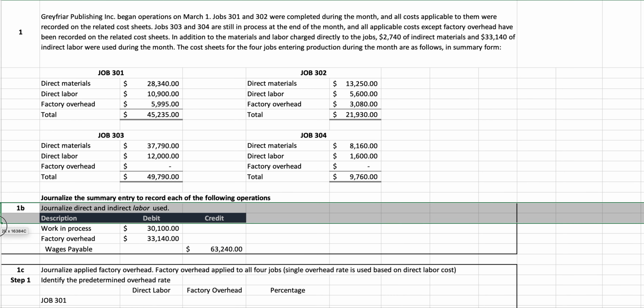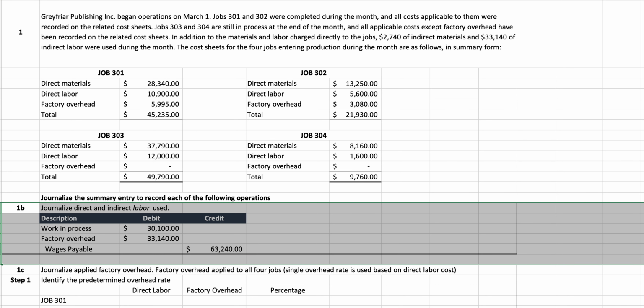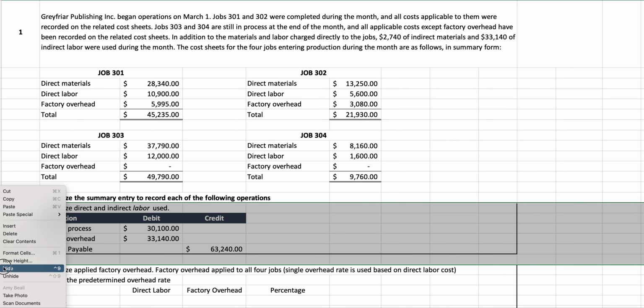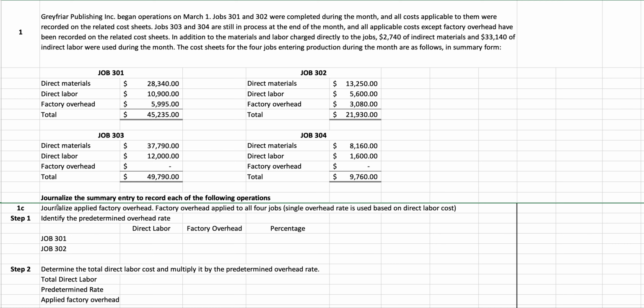Again, I'm going to hide this so that we can move on to our next question. Now we need to journalize the applied factory overhead. Factory overhead is applied to all 4 jobs, but you can see we don't have anything listed here. We're going to operate under the assumption that there is a single overhead rate, and that rate is based on direct labor costs.